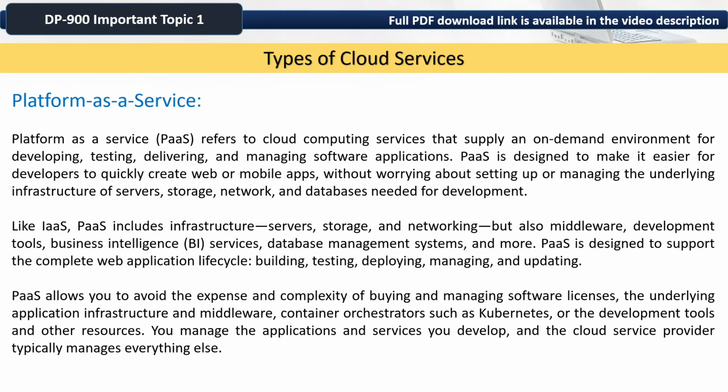It allows you to avoid the expense and complexity of buying and managing software licenses, the underlying application infrastructure, and middleware, container orchestrators such as Kubernetes, or the development tools and other resources. You manage the applications and services you develop, and the cloud service provider typically manages everything else.